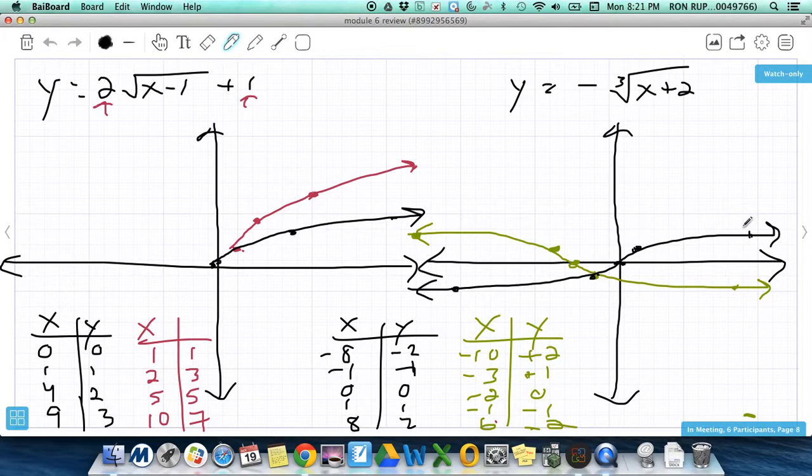So all the points that were down here flipped over the x-axis up there, and all the points that were up here flipped over the x-axis down there. That's because of that negative symbol. And then I took my axis and I moved to the left 2 because it's +2 under the radical. So that is graphing in a nutshell.